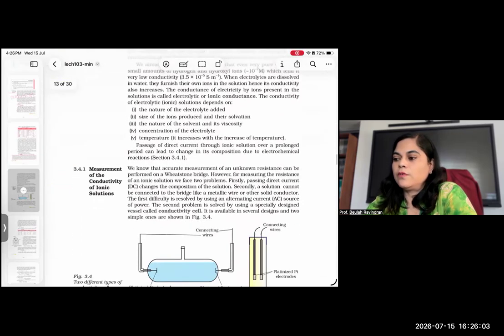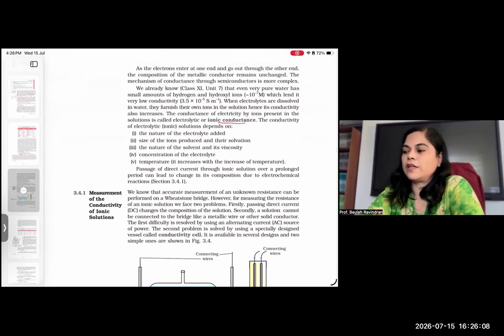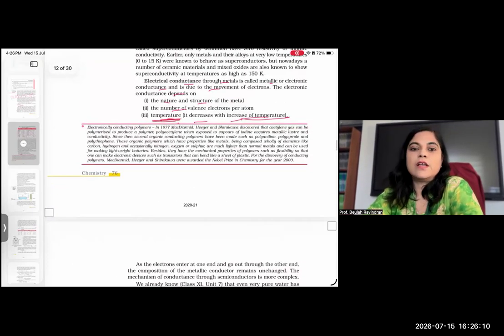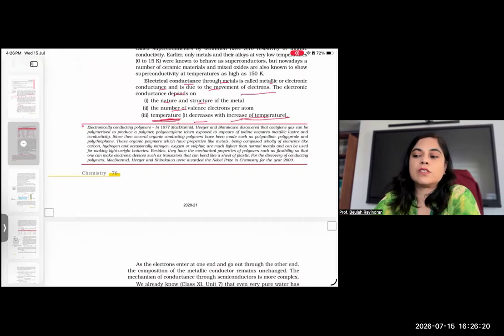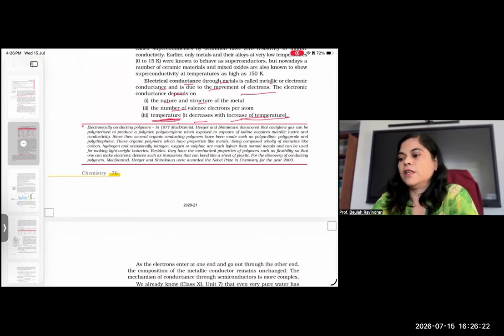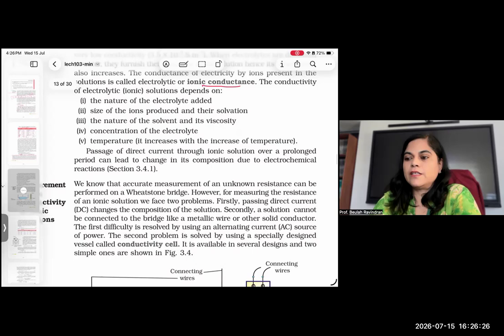Now, this is ionic conductance. That is the major difference between electronic conductance and ionic conductance: ions in a solution versus free electrons in a wire. This ionic conductance is basically electrolytic, that is, in ionic solutions.